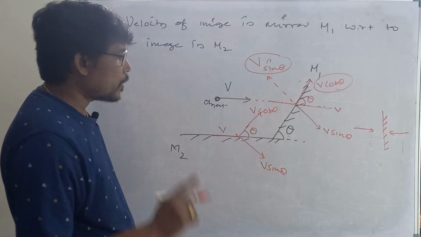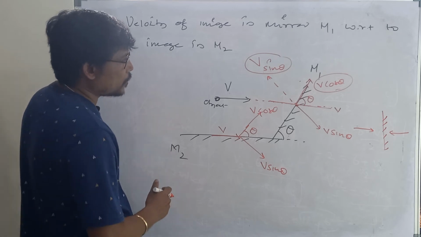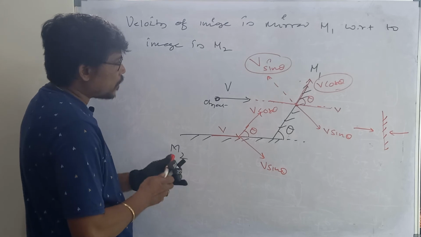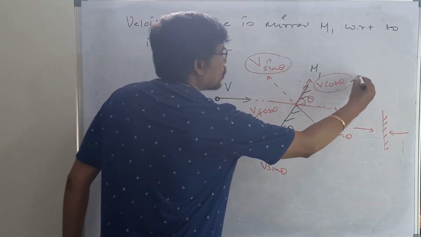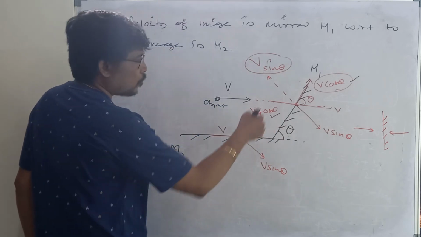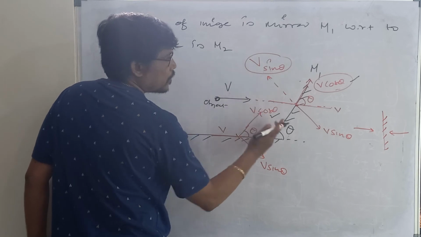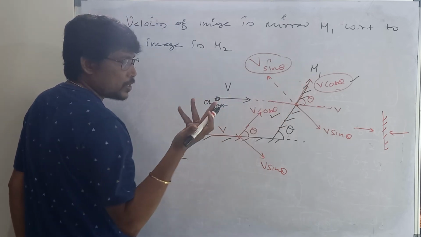I told you that if they are moving in the same direction, there is no relative velocity. If you observe carefully, this v cos theta for M1 and v sin theta for M1, both are in the same direction. When they are moving in the same direction, the relative velocity is 0.